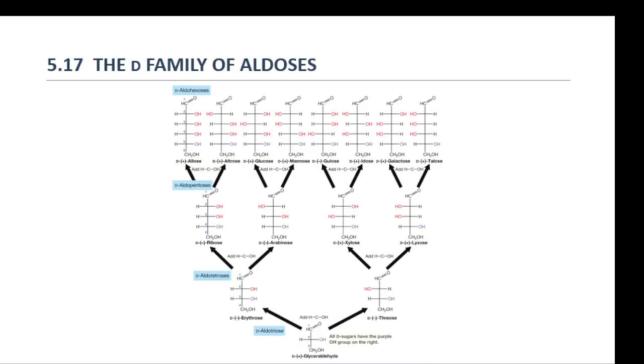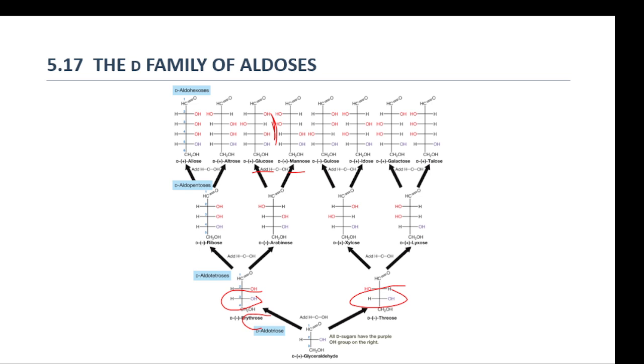Okay. So if we look at the sugars here, these are the sugar families. And what you see here is the D just denotes this last OH. If the last OH on the sugar in the Fischer projection is on the right, that's a D. If the last OH on the Fischer projection is on the left, that's an L. The erythrose, threose, glucose, mannose, all that stuff, that's set by all of this.